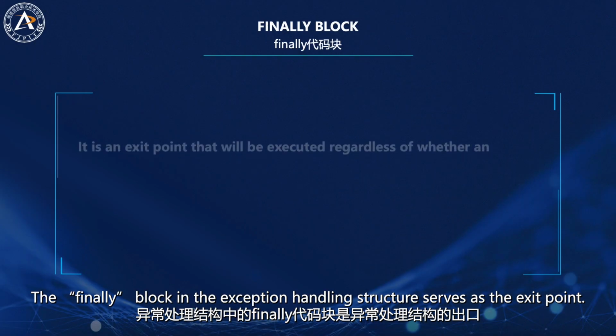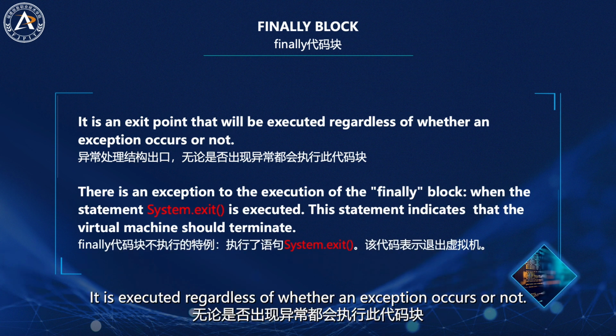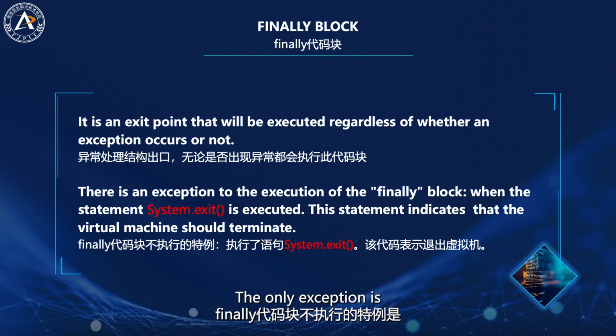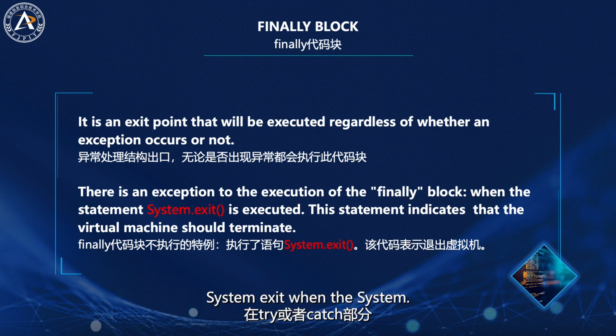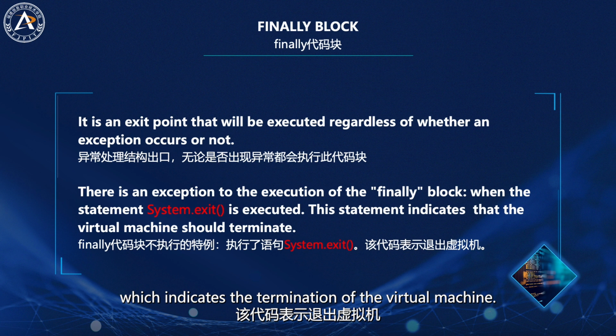The finally block in the exception handling structure serves as the exit point. It is executed regardless of whether an exception occurs or not. The only exception is system exit: when the System.exit statement is executed in the try or catch block, which indicates the termination of the virtual machine.